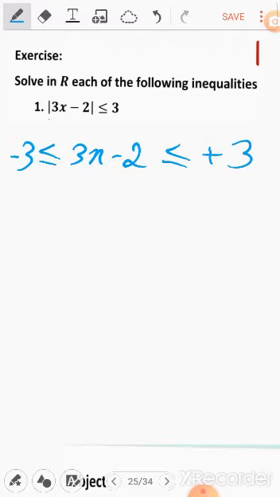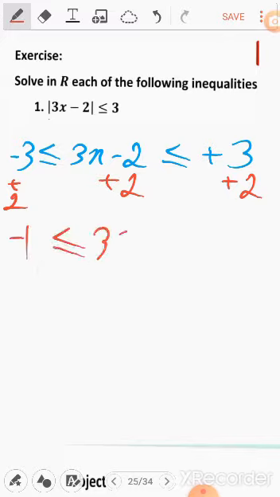So we have to add 2 to each term of this inequality: minus 3 plus 2, and 3x minus 2 plus 2, and plus 3 plus 2. So minus 3 plus 2 becomes minus 1, less than or equal to 3x, since minus 2 plus 2 cancels, less than or equal to 5.